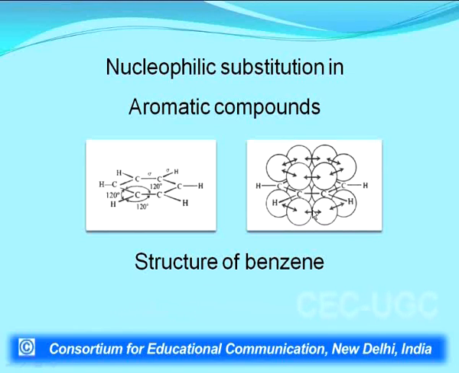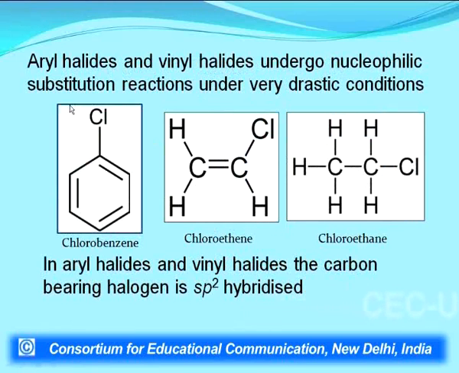But it is not so that aromatic compounds do not undergo nucleophilic substitution reactions. They show reactions, but such reactions require drastic conditions. Aryl halides and vinyl halides undergo nucleophilic substitution reactions under very drastic conditions.